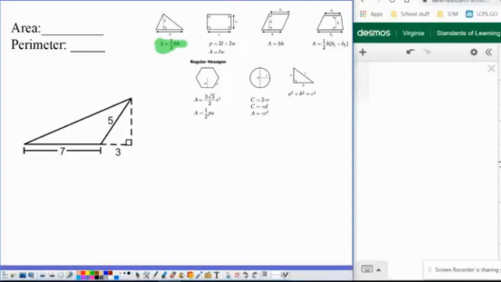So I would write that area down, and that area equals 1/2 the base times the height.